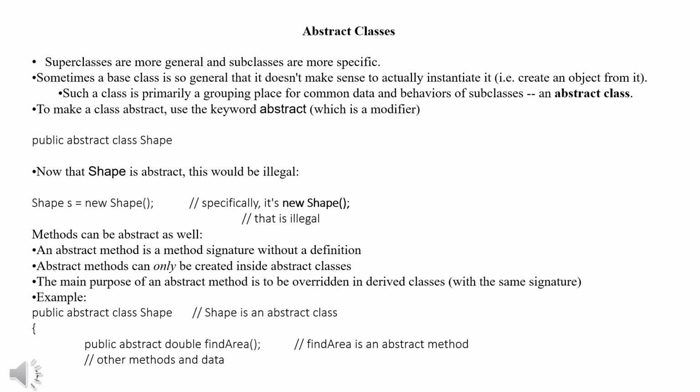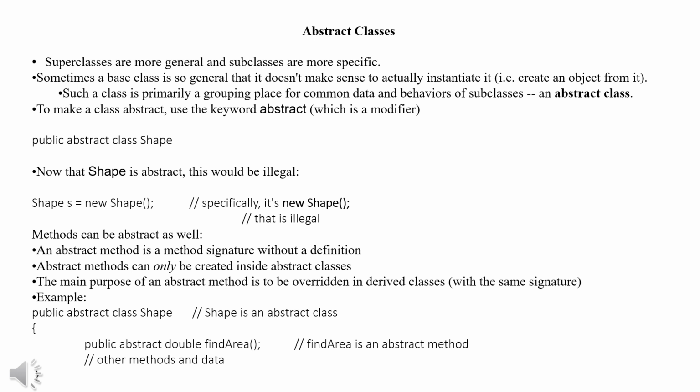So you cannot have abstract methods inside other types of classes. The main purpose of this type of method is to be overridden in derived classes with the same signature, okay?